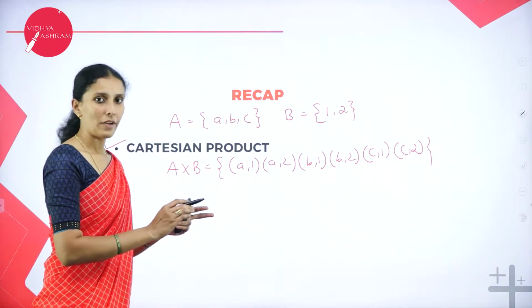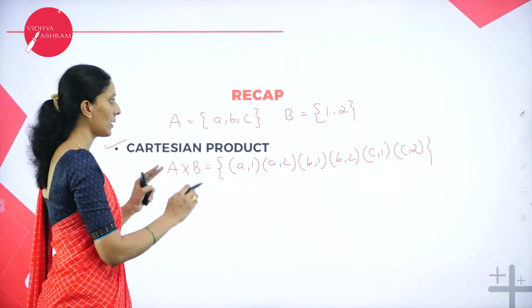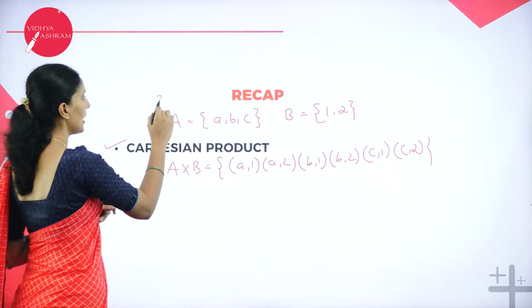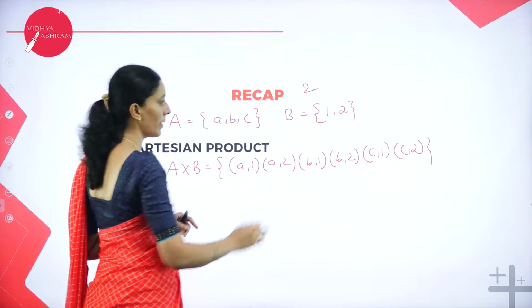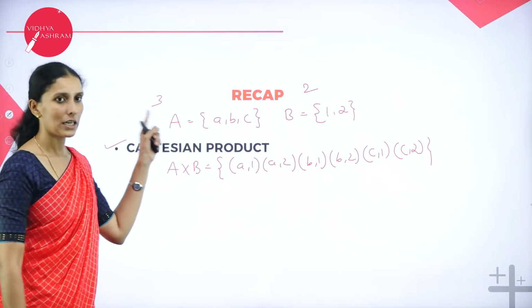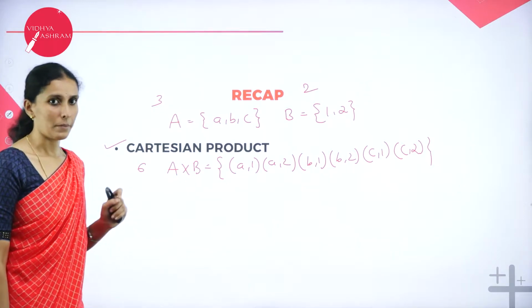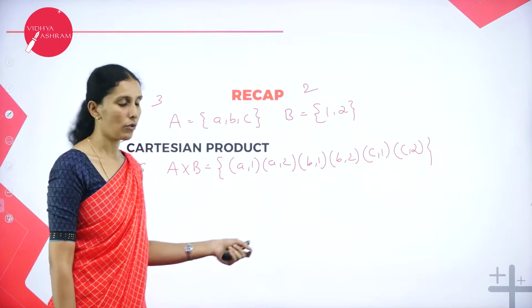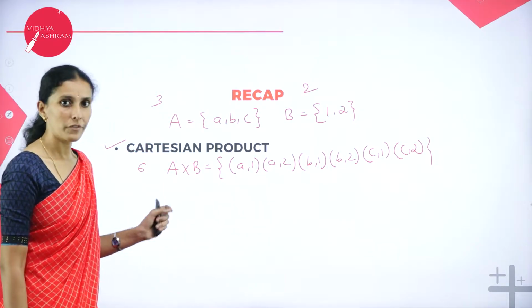Now, the number of elements of a Cartesian product is nothing but the product of the numbers of elements of the two sets. A has 3 elements, B has 2 elements. Therefore, A cross B will contain 6 elements, that is, 3 twos are 6. Now, A cross B is again a set, so it can form a number of subsets.